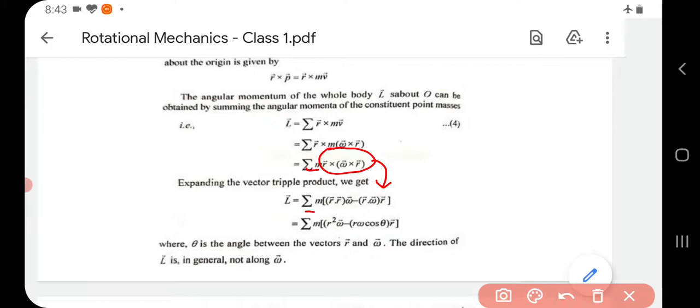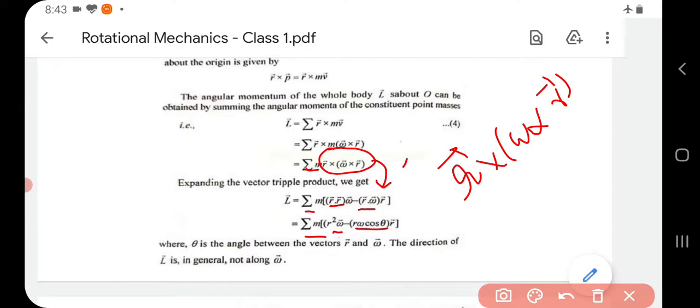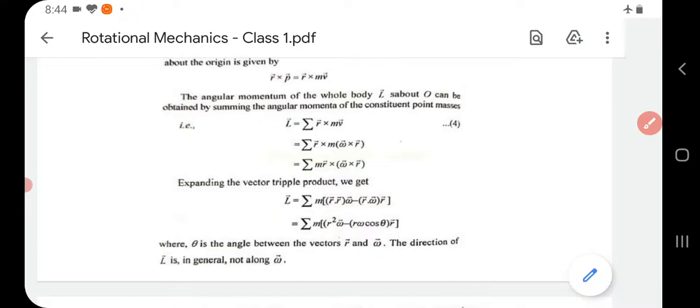Okay. Now again sigma m is kept as such, r dot r is r square, omega is kept as such, then r dot omega r, this r dot omega is written as r omega cos theta, vector r is kept as such, because r cross omega is r omega sin theta, r dot omega is r omega cos theta. Okay. Now theta is the angle between vectors r and omega. Okay.